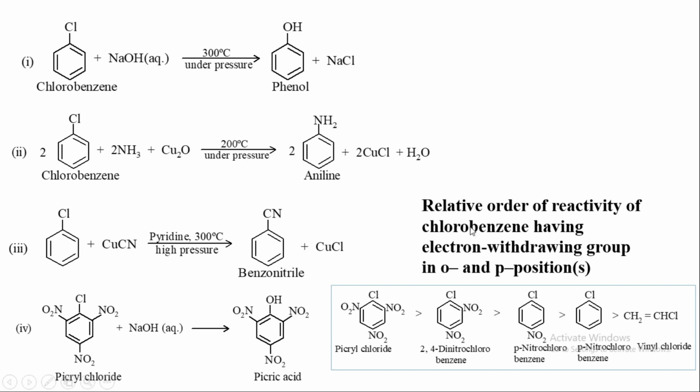Here I have mentioned the relative order of reactivity of chlorobenzene having electron withdrawing groups in ortho and para positions. 2,4,6-trinitrochlorobenzene, known as picryl chloride, has more reactivity than 2,4-dinitrochlorobenzene, then para-nitrochlorobenzene, then just chlorobenzene and vinyl chloride. So this is the reactivity series.